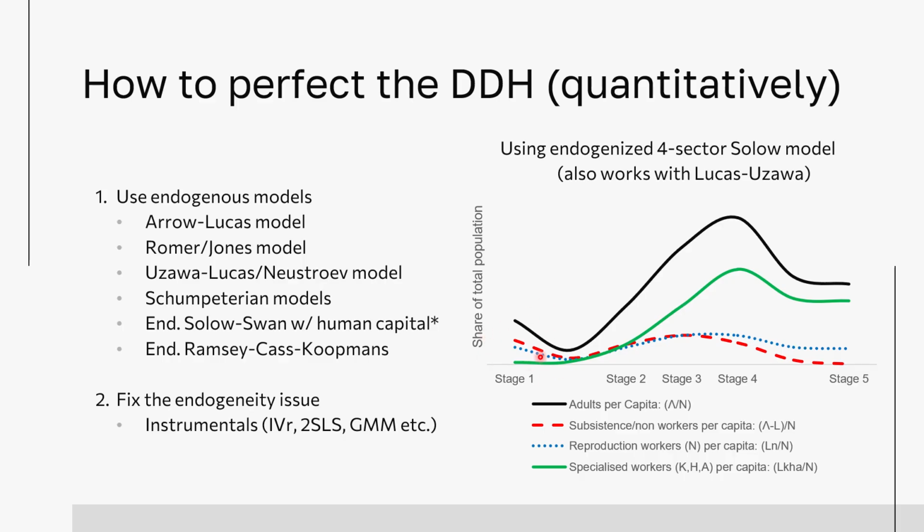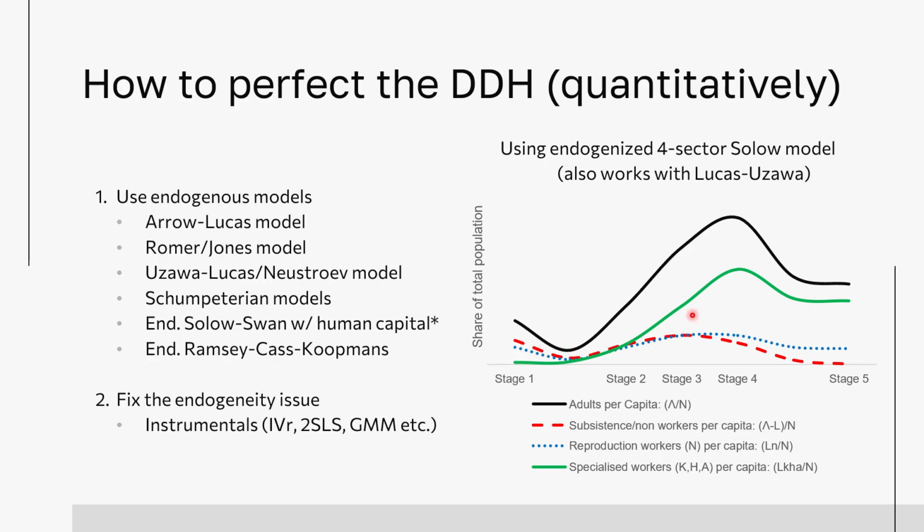Prior to the demographic transition, a preponderance of the adult population is allocated to subsistence farming and having lots of children. And then a demographic transition unfolds, and subsistence farmers decline as a share of the total adult population, as well as reproduction workers as fertility rates moderate. And so you want to show that effect.